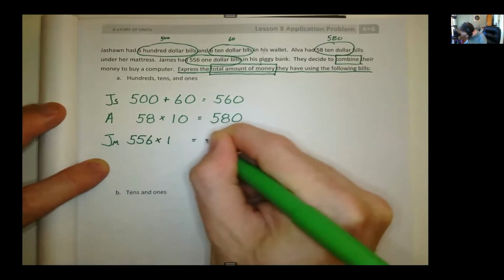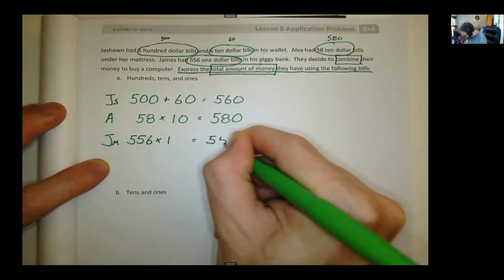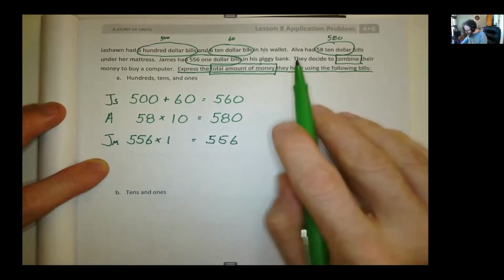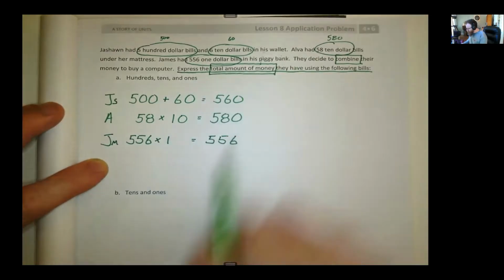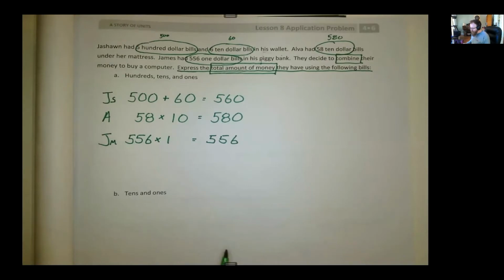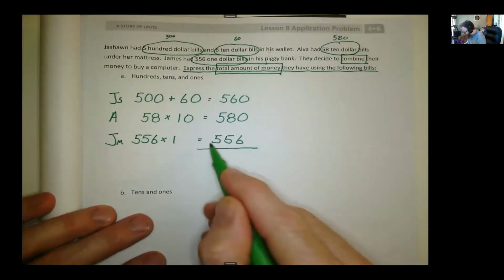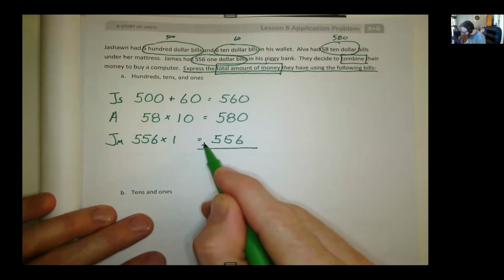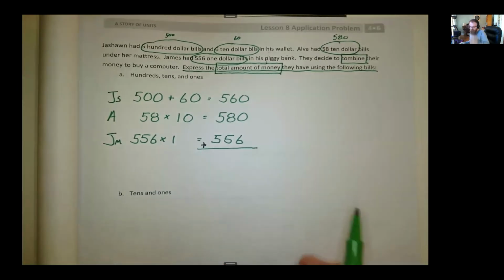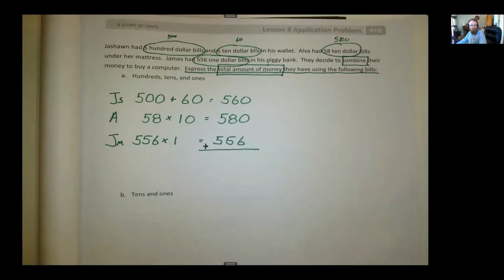And of course, we know that gives us 556. We need to express the total amount of money that they have. So let's add these three values together. Pause me right now and see if you can add those together on your own, and then come back to see if you got it correct.